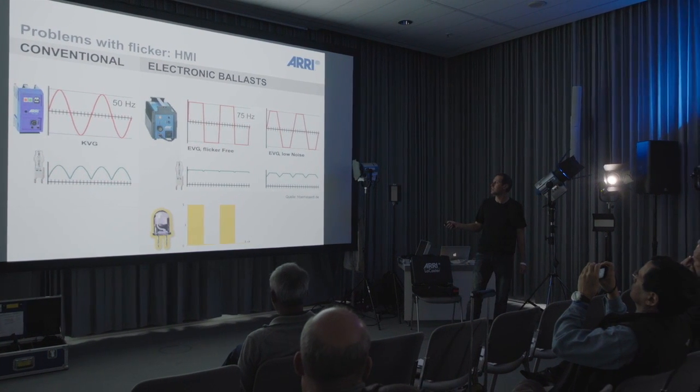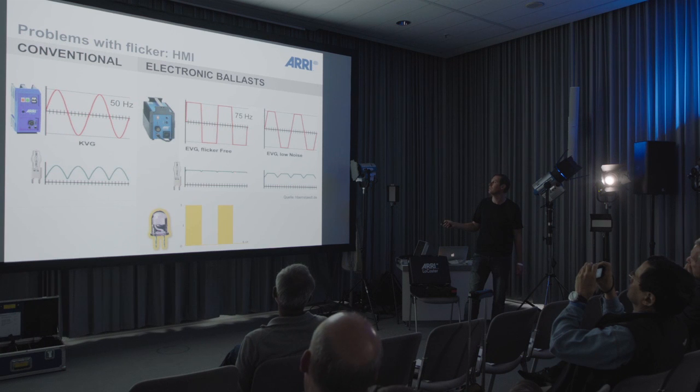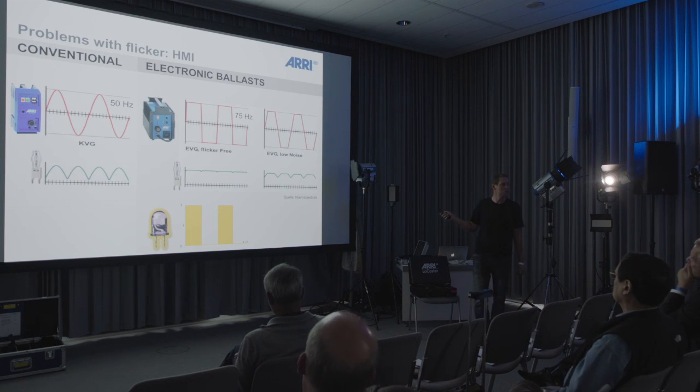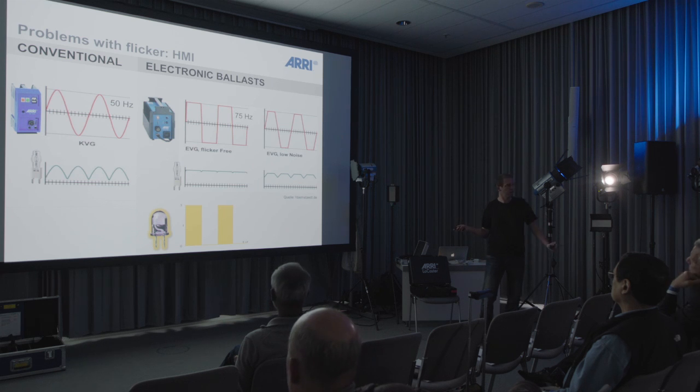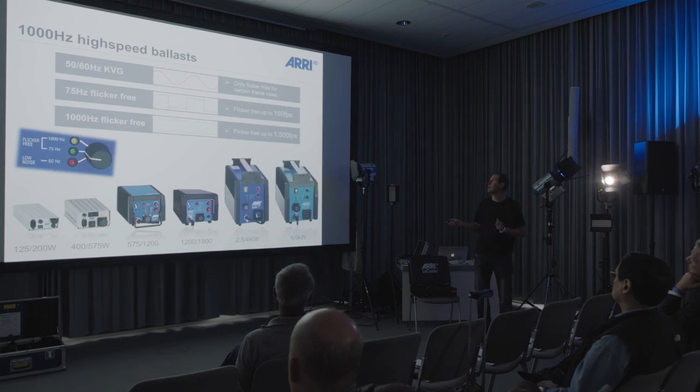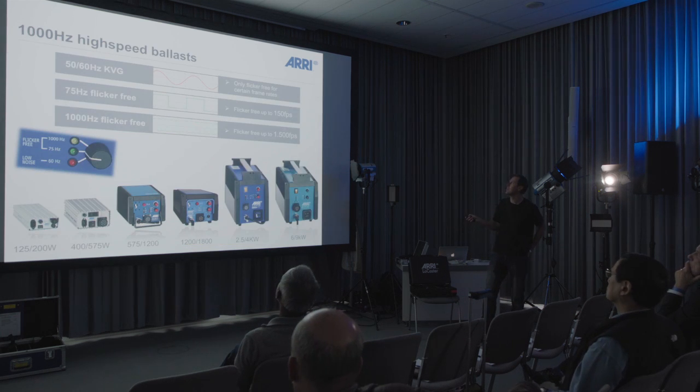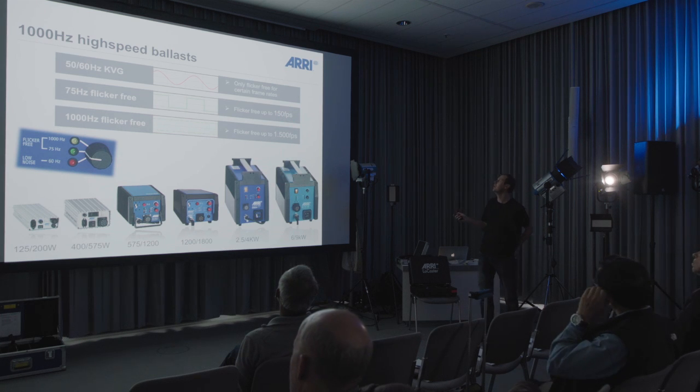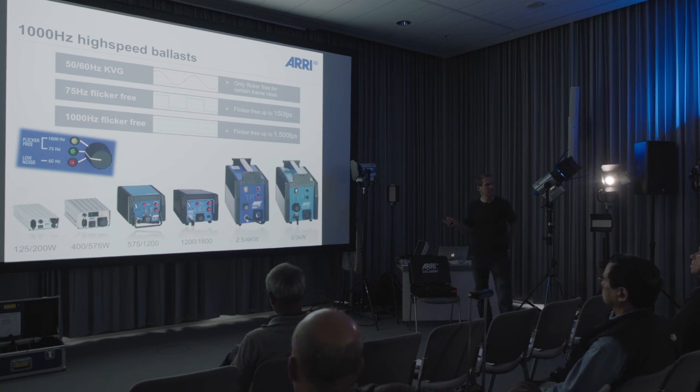But because it's only such a small dash that we have in the light, it works. So you can shoot with these ballasts and don't need to worry that you have any flicker. But there's one exception. This works fine if we stay in frame rates, let's say up to 150 frames per second, it's safe.